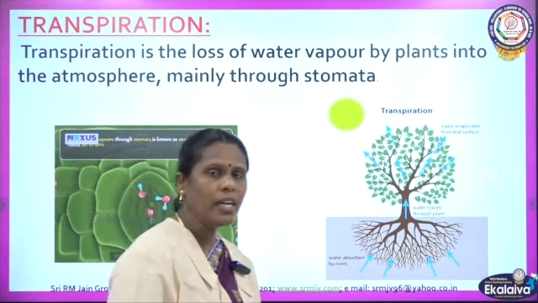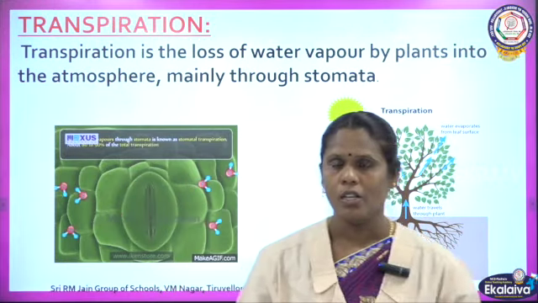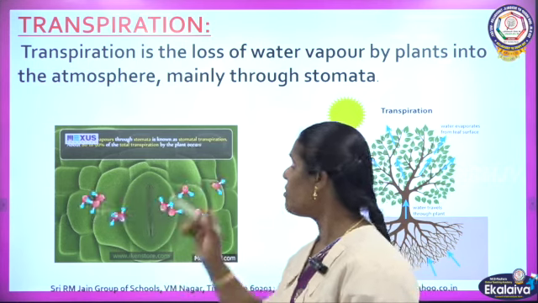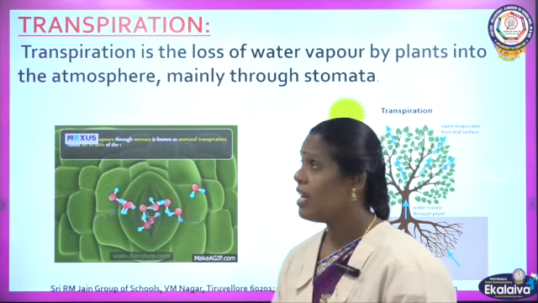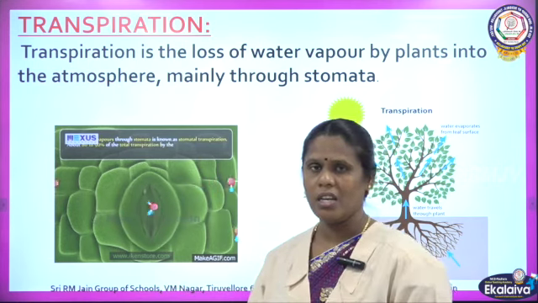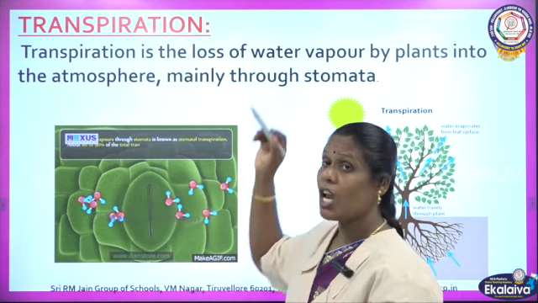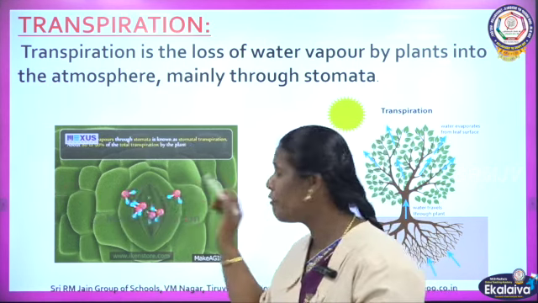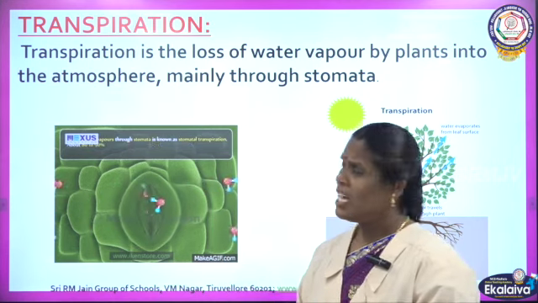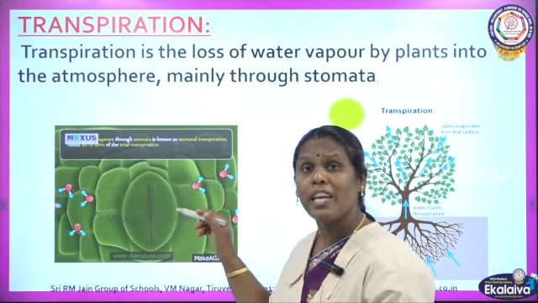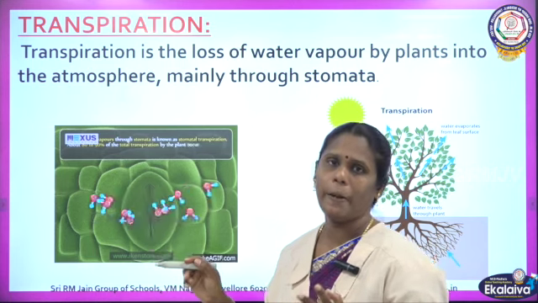The next one, transpiration. So, in the functions of leaf, this is the third function. Transpiration is the loss of water vapor from the leaves. This also takes place through the stomata.